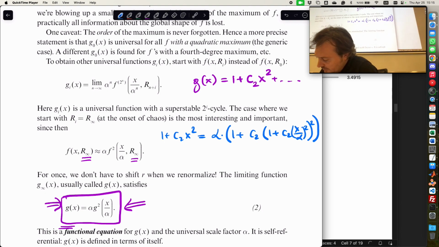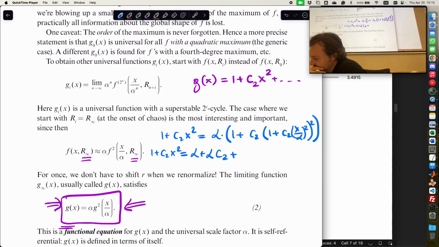Look what happens. 1 plus c2 x squared is equal to alpha plus alpha c2 plus, help me out. Did I make a mistake? Alpha c2 again? Alpha c2 squared? I think so too. You are not sure? Let's go step by step.